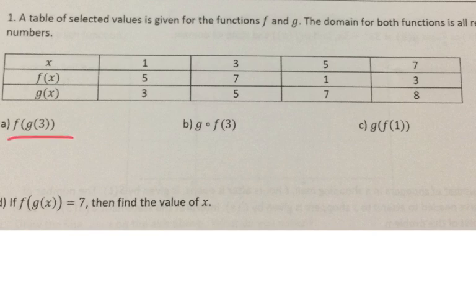If I want to read this out loud, I would say I'm finding f of g of 3. F of g of 3. So we work from the inside out with compositions. So the first thing I want to find is, what is g of 3? Do you guys know how to find g of 3?